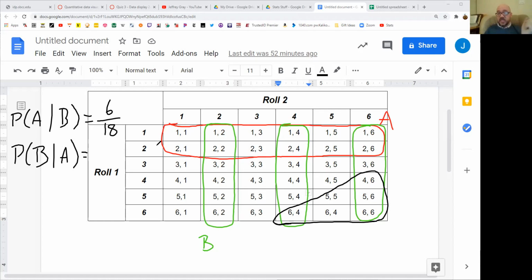The answer is 6. It's the same 6, the same ones that are in both that are in the numerator here: (1,2), (2,2), (1,4), (2,4), (1,6), and (2,6). So there's 6 outcomes, but now I'm looking within only event A, which means there's 12 outcomes total. So this would be 6 out of 12.